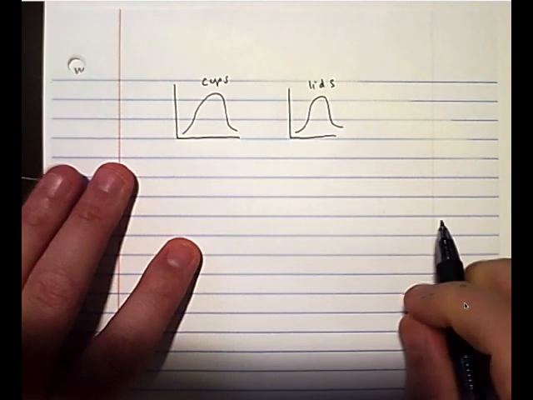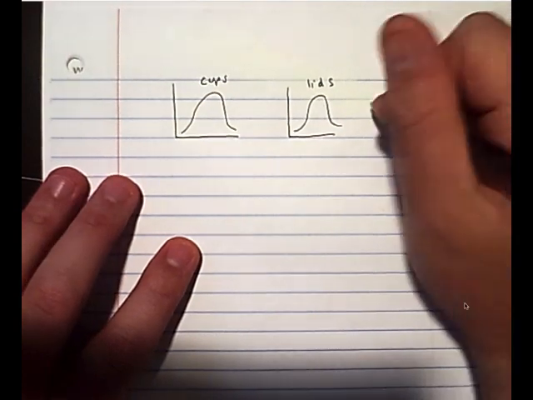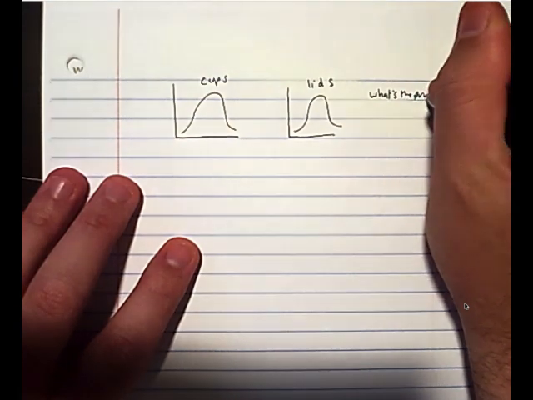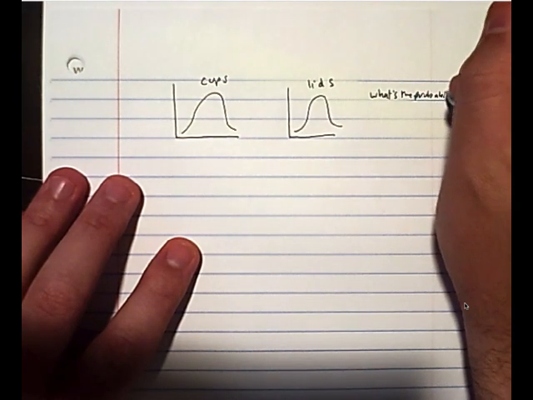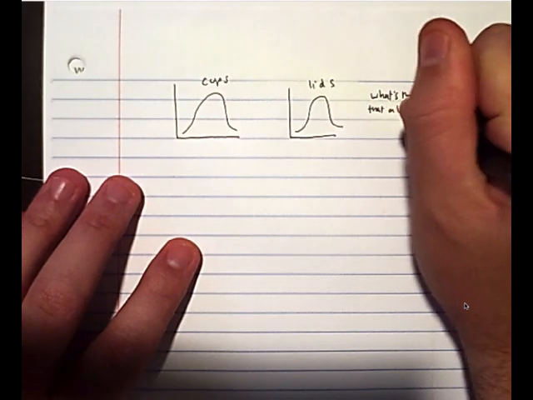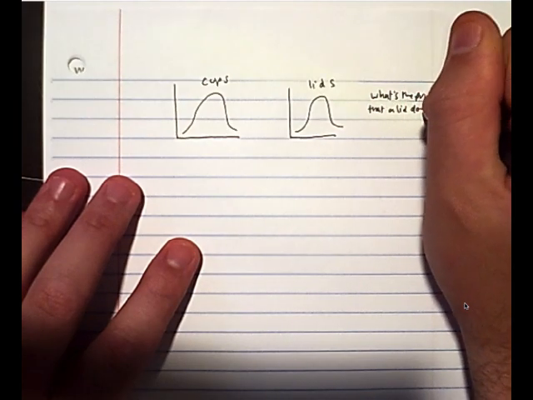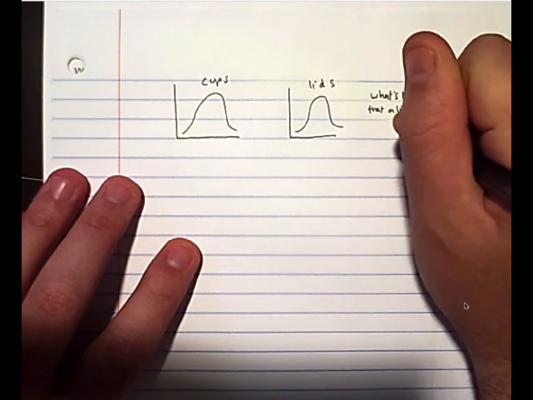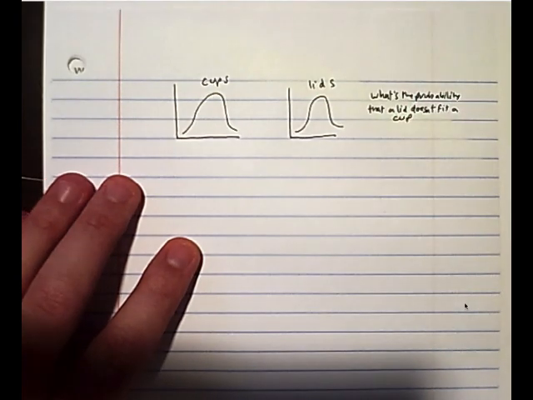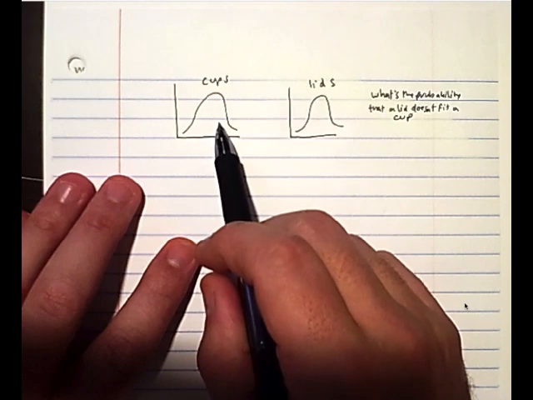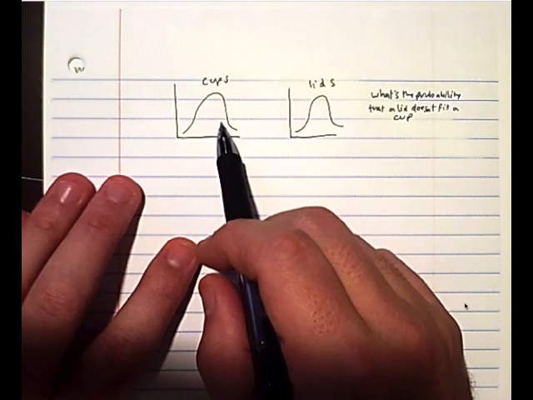Our question was something like, what's the probability that a lid doesn't fit a cup? So we had to combine these random variables.